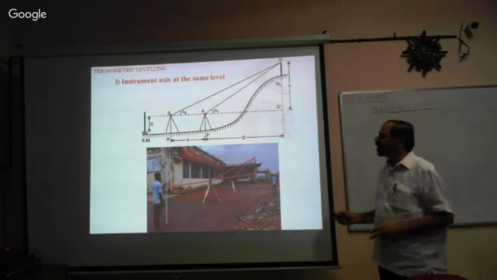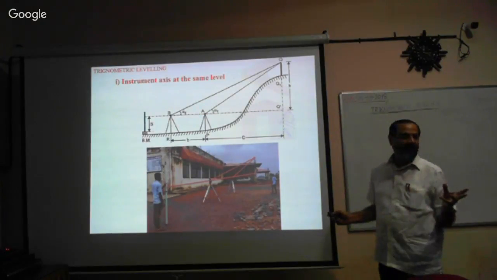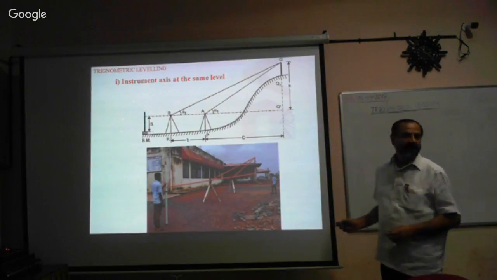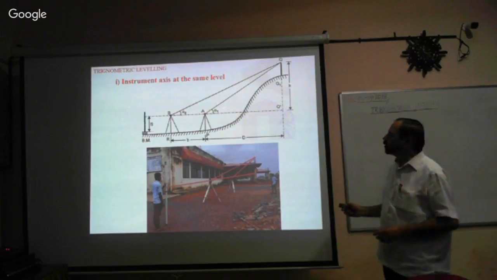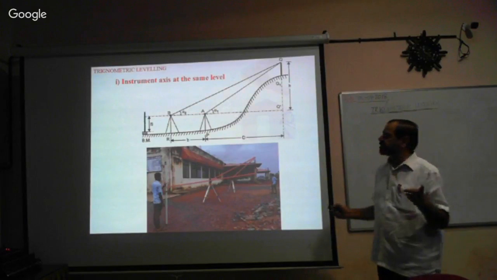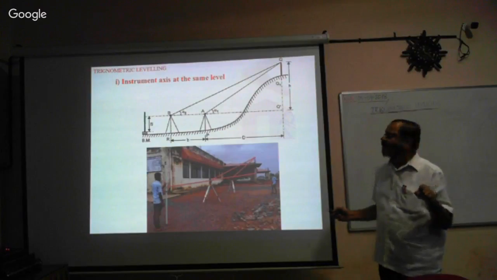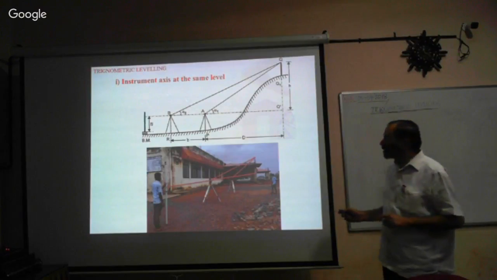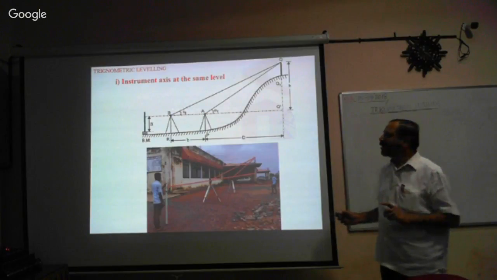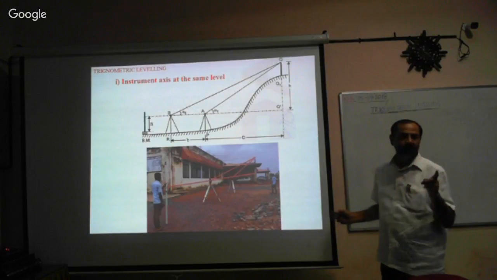Please remember, twice we have measured the staff reading. The vertical angle measured at the first instrument station is alpha 1. Similarly, the vertical angle measured at the second instrument station is alpha 2.